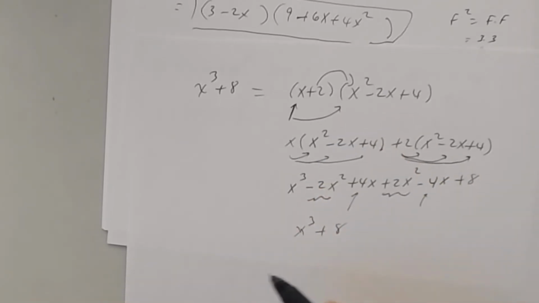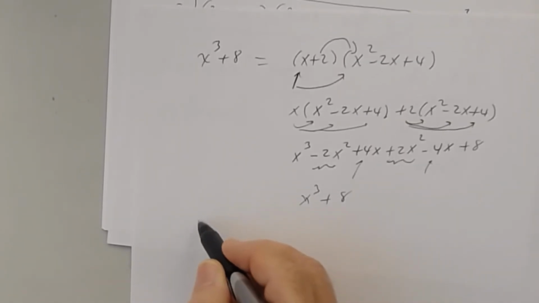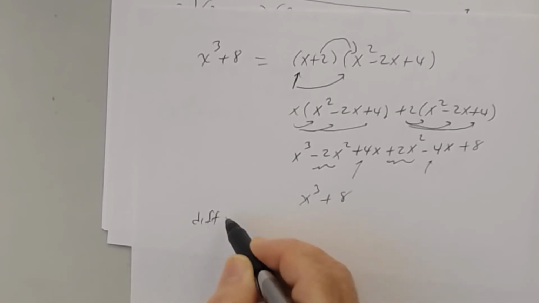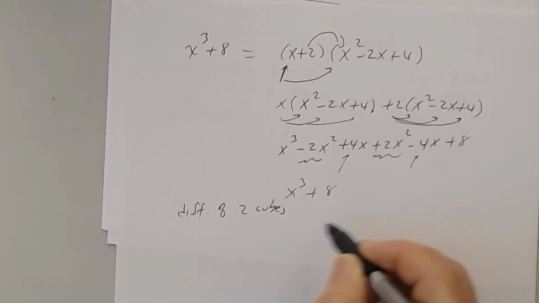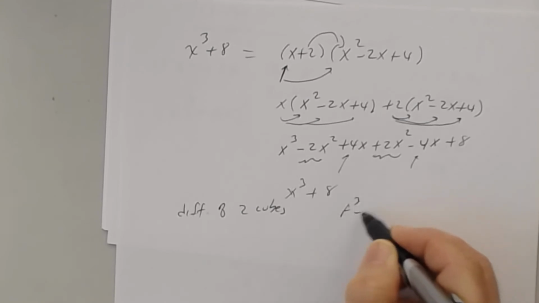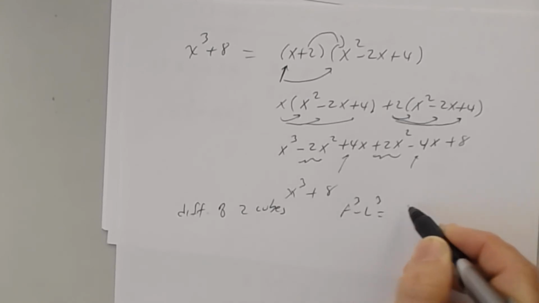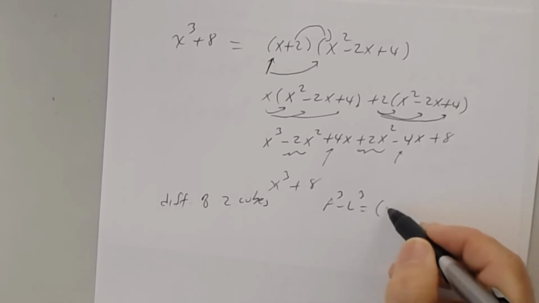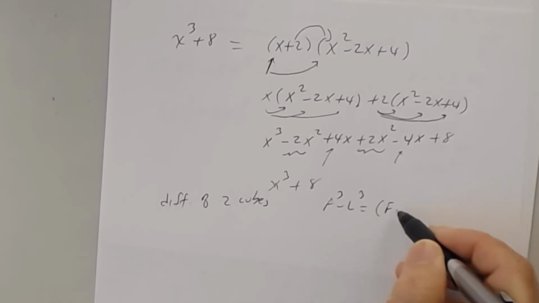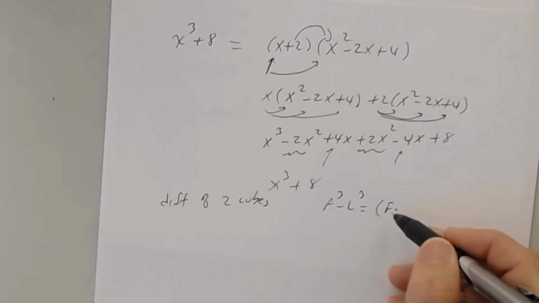And so notice when I did the formula for the difference of two cubes, I had f cubed minus L cubed. And so I know that when I factor f cubed minus L cubed, it's f minus L, the binomial.